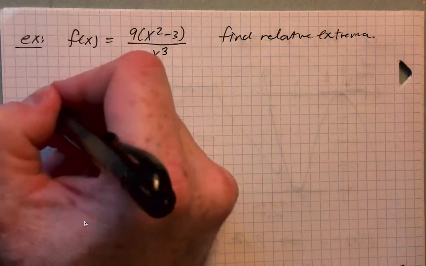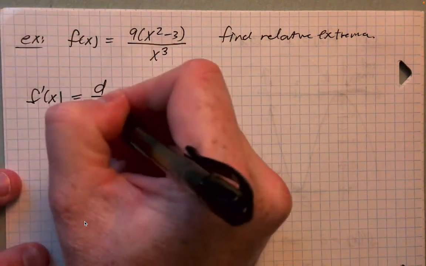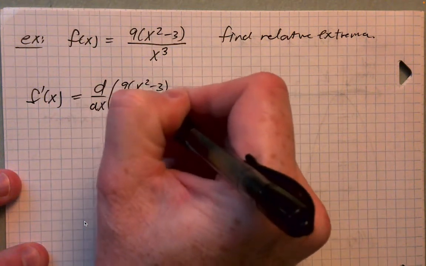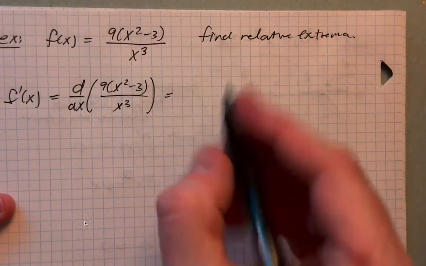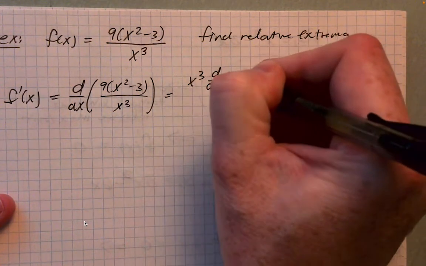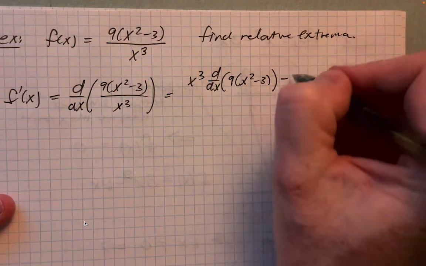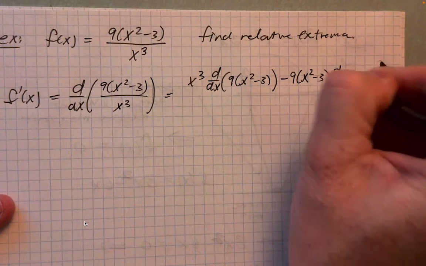And so let's calculate the derivative of this function. So d dx of 9 times x squared minus 3 over x cubed. All right, now this is a nice quotient rule problem. So it'll be low d high, so x cubed times d dx of 9 times x squared minus 3 minus high d low, like that.